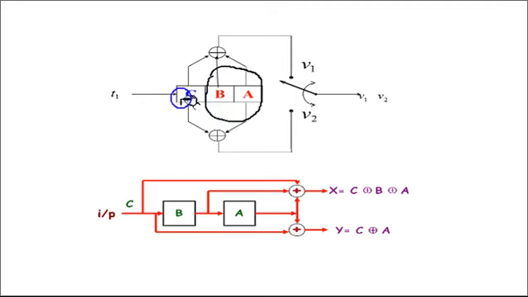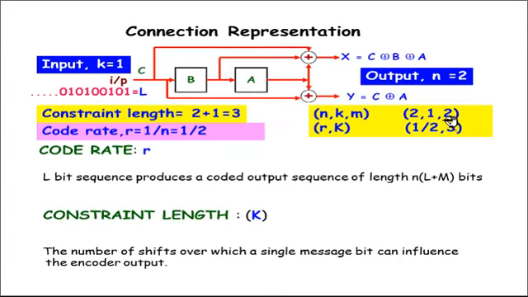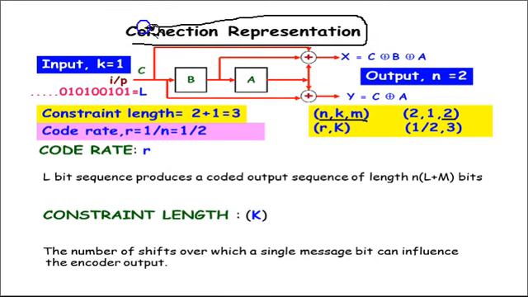This is because C is used to store the input bit coming from the left side. That's why the value of m for this is 2. This is the format for n, k, m of the convolutional encoder, and this is the connection representation.